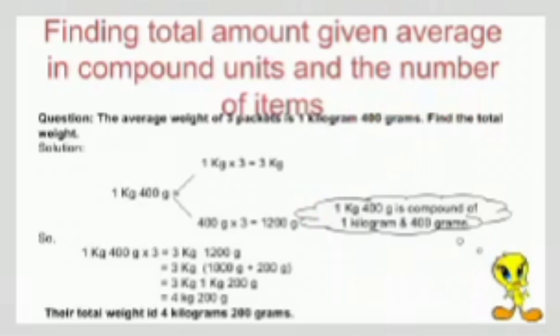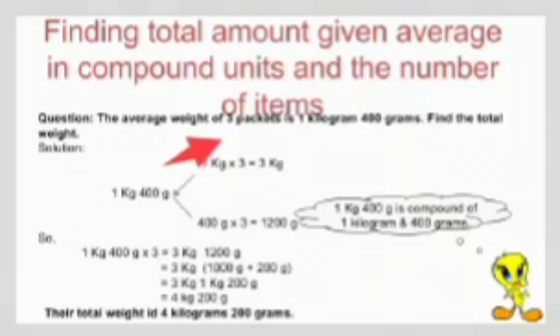The weight of 3 packets is 1 kilogram 400 grams each. Find the total weight. So for that I'll have to multiply 1 kg 400 grams by 3. So I will separately multiply 1 kg by 3 and 400 grams by 3.